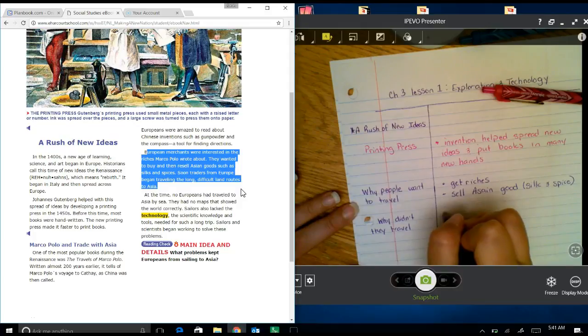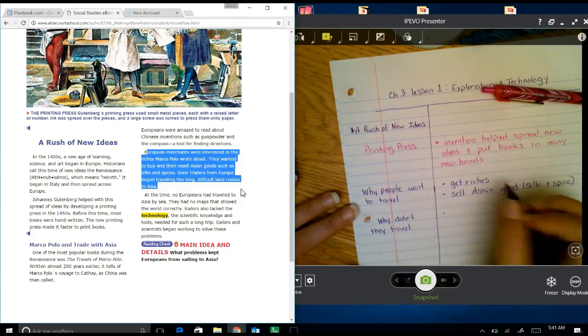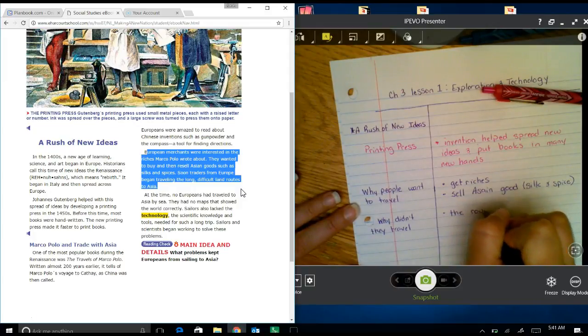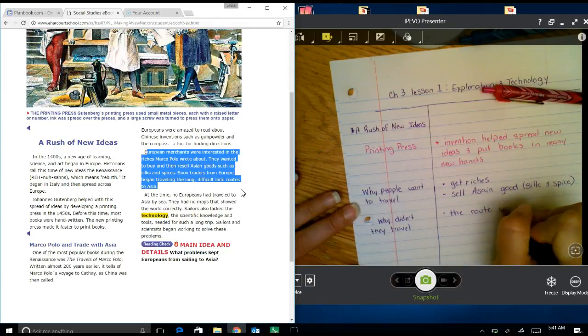Well, they didn't travel because along land, it was a very difficult route, okay? The route was difficult along land.